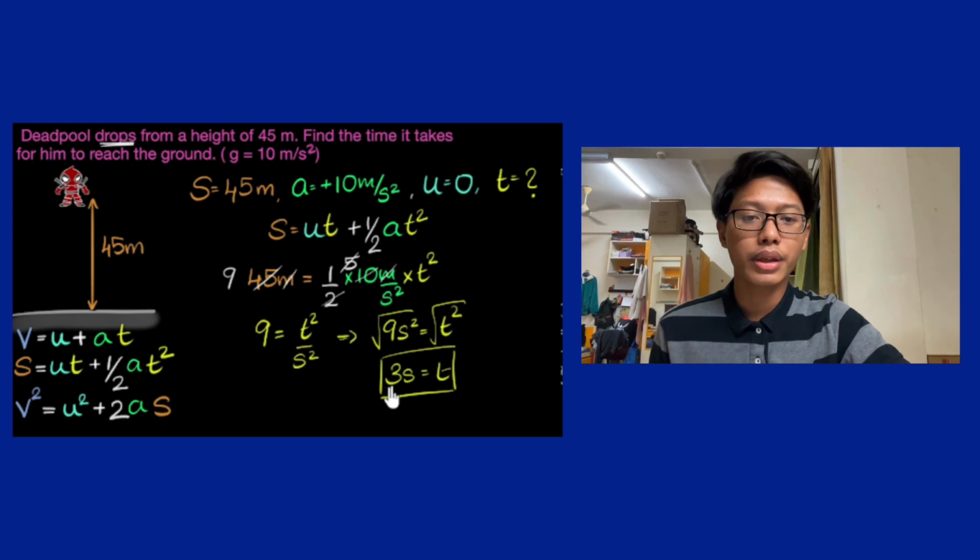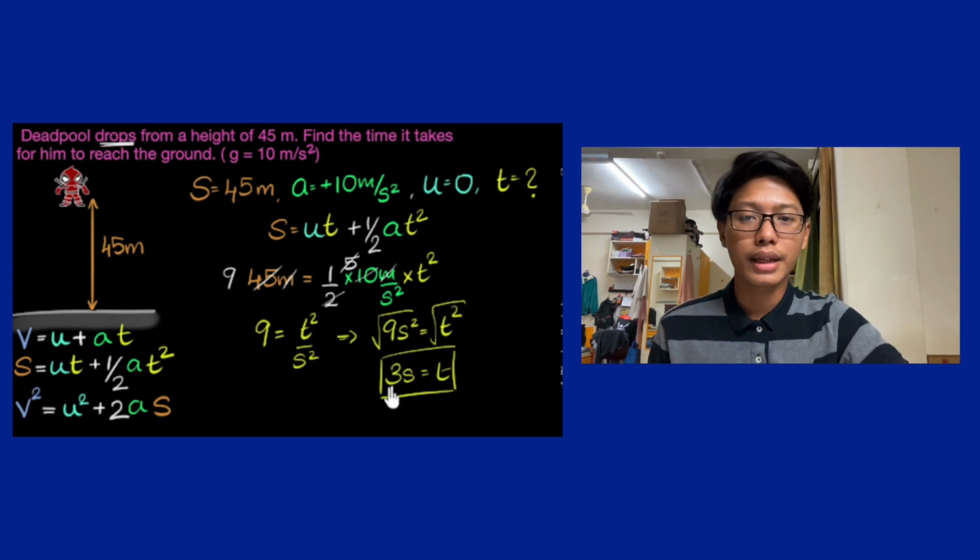We use the equation s equals ut plus half at squared. We just enter the values. s is 45, equal to u times t, and because u is 0, that term is 0 and we can cancel it, plus 1/2 times 10 times t squared.